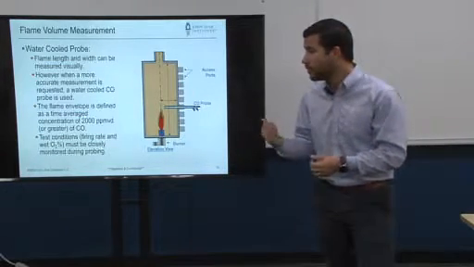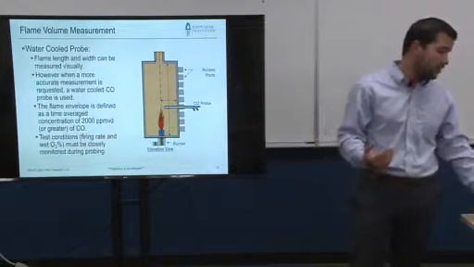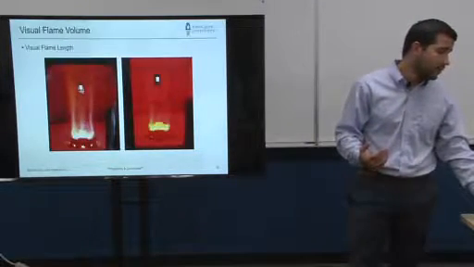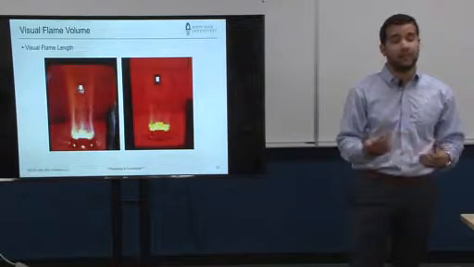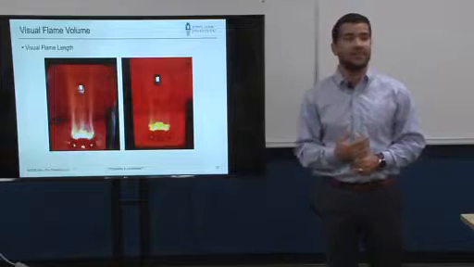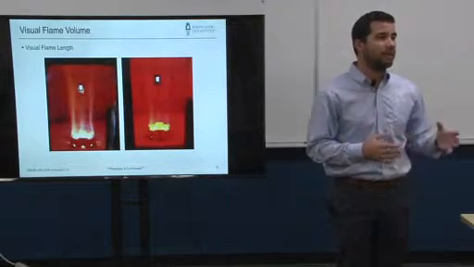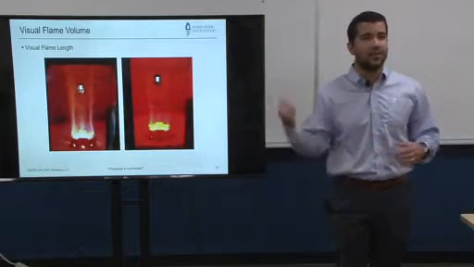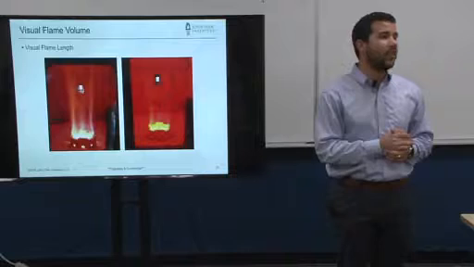And this is one big part of validating the CFD, because the other way to measure flame width is visually. And in my opinion, that's a really poor way to do it. Sometimes you can get by with it if you're not in a really constricted space, but I could probably get you guys in a room and ask how wide is that flame, and I could get 20 different answers.